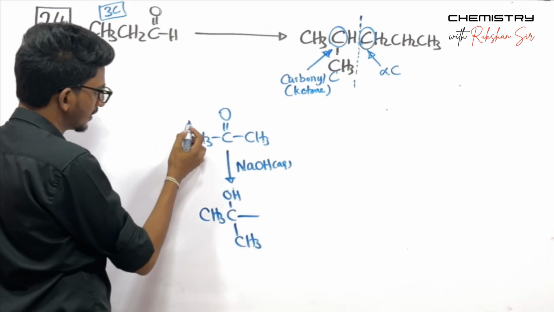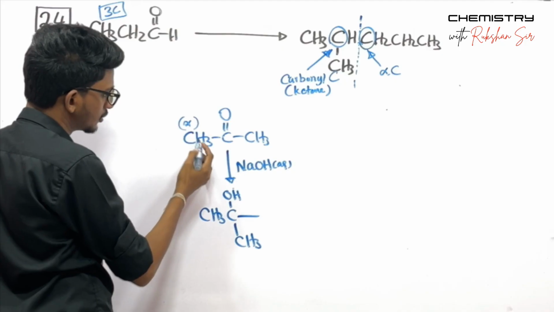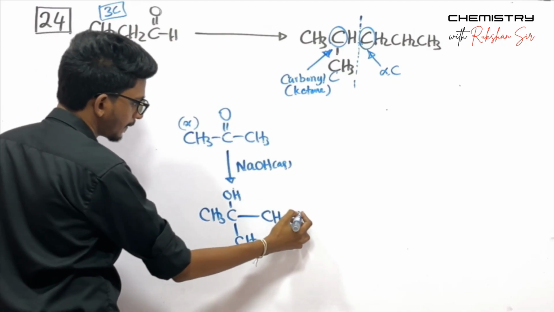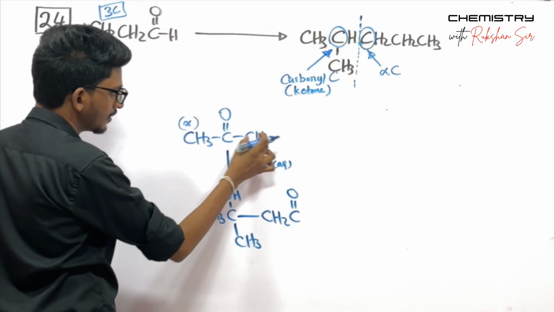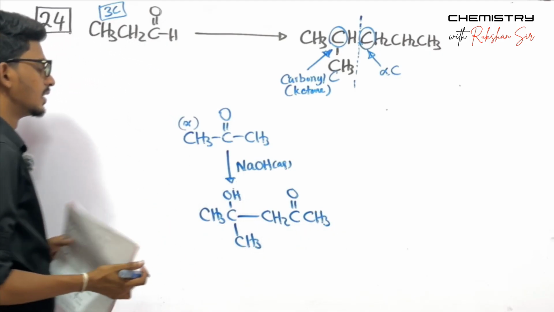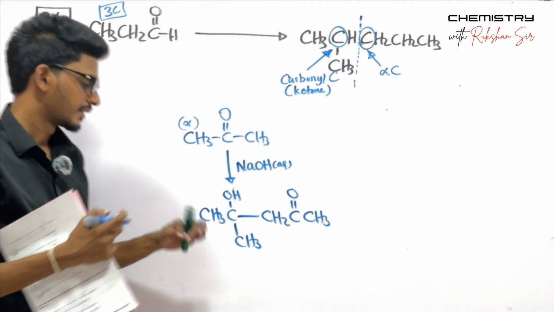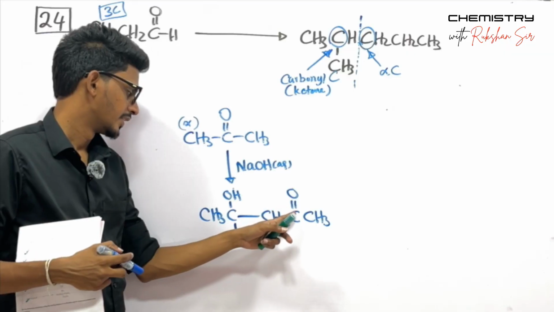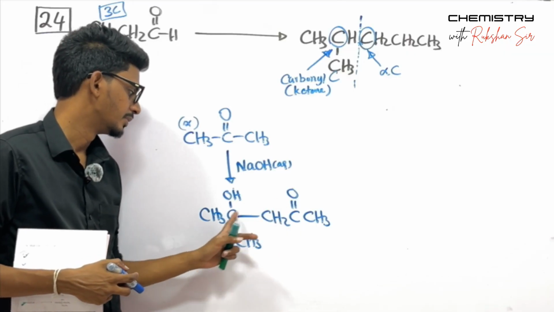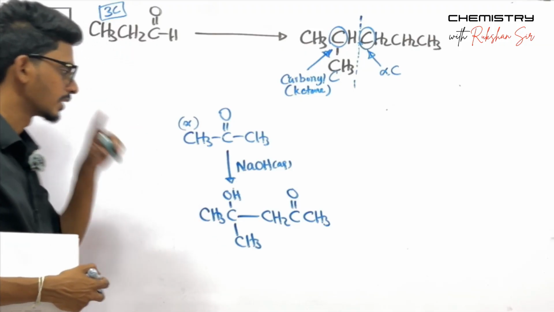So this is the alpha carbon, and by removing an alpha hydrogen it becomes CH2. Then you have CO, and then CH3. Now this is the condensation product, the aldol, or the beta hydroxy carbonyl compound. At the beta position you have the OH group.